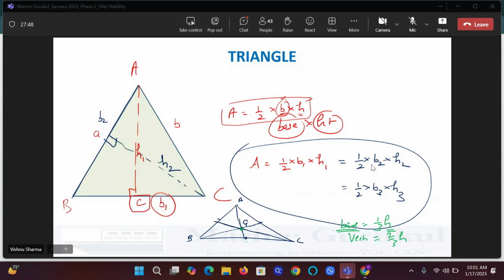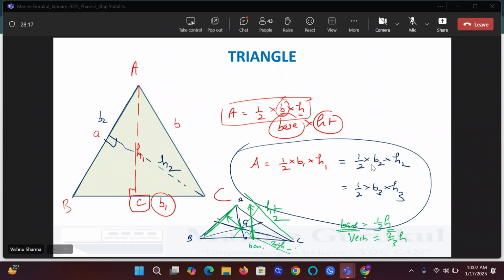Suppose I'm taking this as the base, then this is my height. This distance will be one third of the height. This will be two-thirds of the height. If somebody says I'm taking this as the base, then this is the height. And the distance from here will be one third of this height too, and from here to the vertex will be two-thirds of the height too.